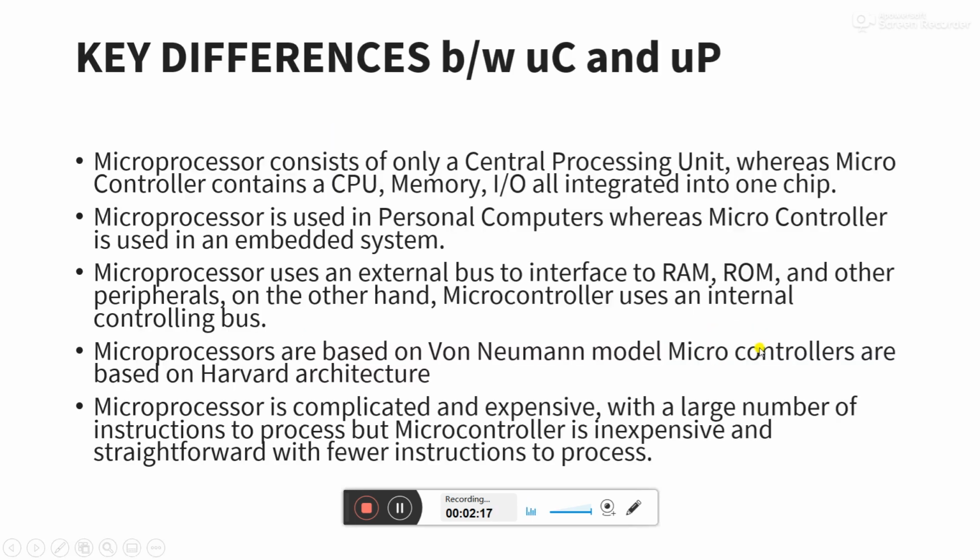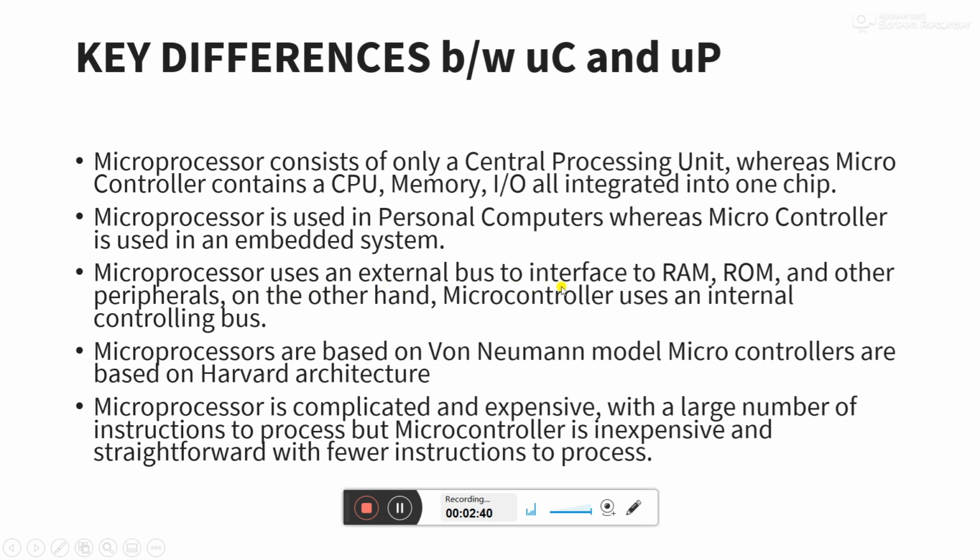That is the core difference between the two. Next, the microprocessor is used in a personal computer, whereas the microcontroller is used in embedded systems. A personal computer is used for general purpose processing, while the microcontroller is used in embedded systems because it is used for a dedicated task.